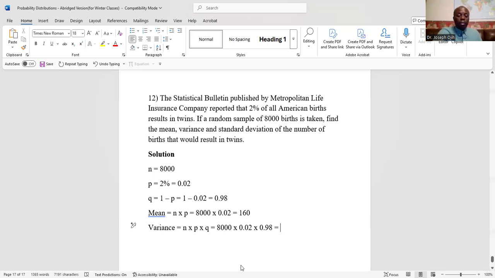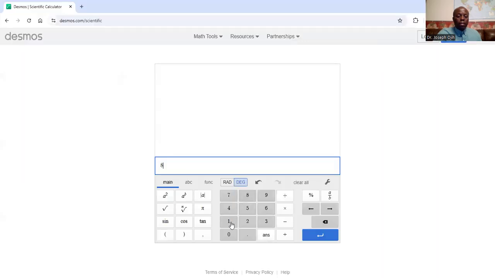So we got 8,000 times 0.02 times 0.98, which is 156.8.